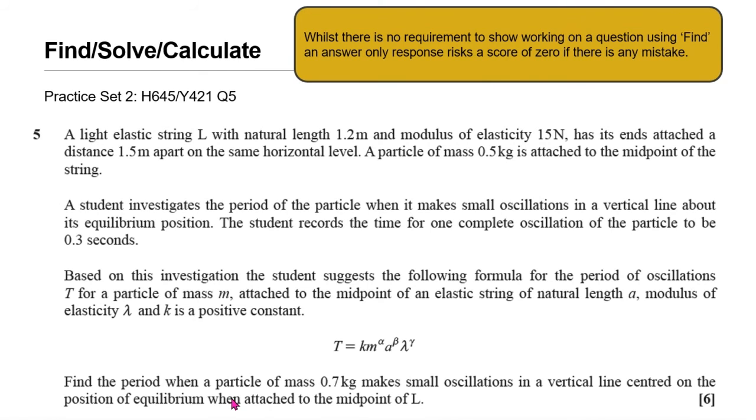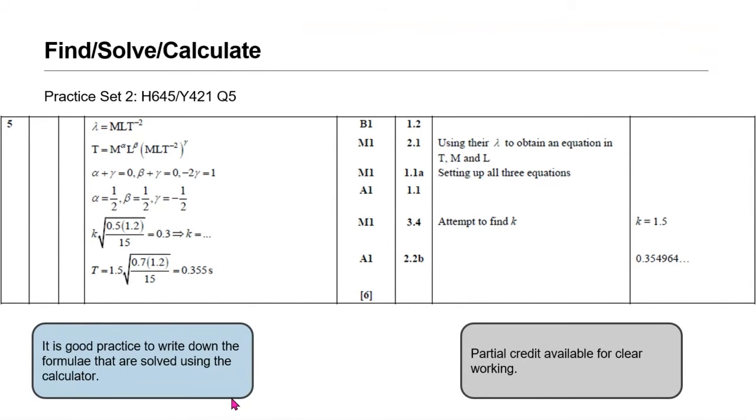Those method marks are there for the candidate who doesn't get the correct answer, so that the examiner can give some partial credit. But of course, if those methods are not shown, then that partial credit can't be obtained. Notice the comment about good practice when using a calculator.